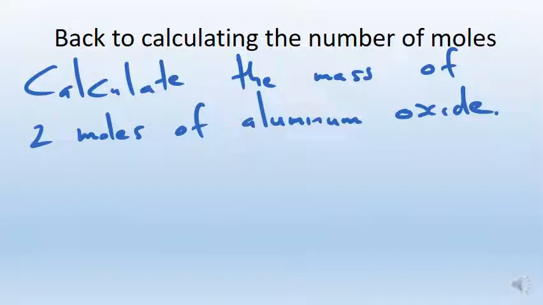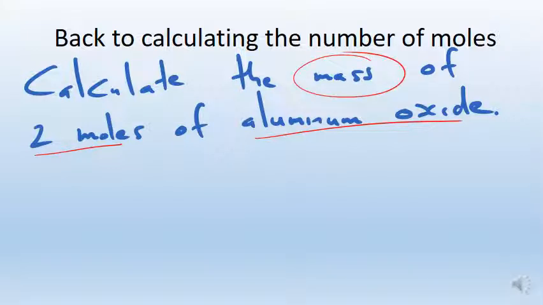And a very similar question, but I think what they're really testing is, do you know, firstly, the formula for aluminium oxide, or some would say aluminum oxide? So we have 2 moles, so we want the mass, by the way. You need to understand what the question wants.